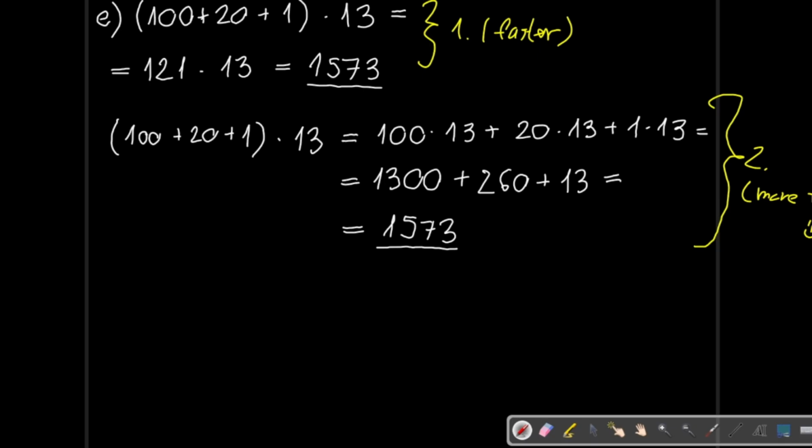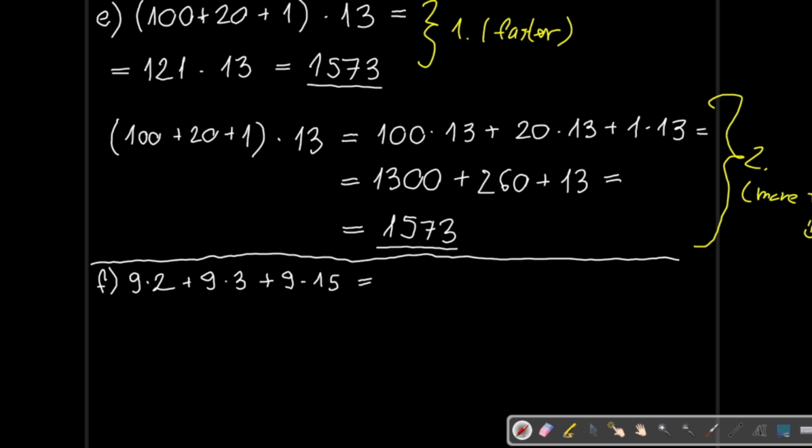Alright, next example. Example F, we have 9 times 2 plus 9 times 3 plus 9 times 15. Okay. Let's just write a line right here to separate these two problems.